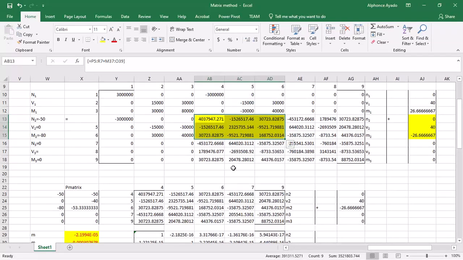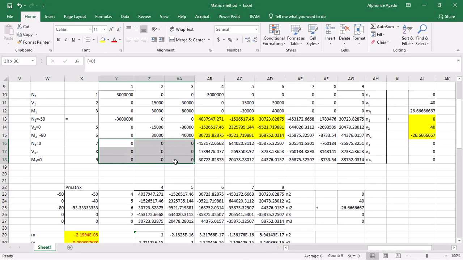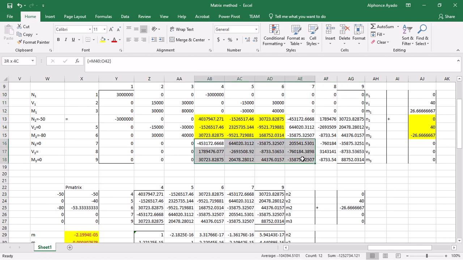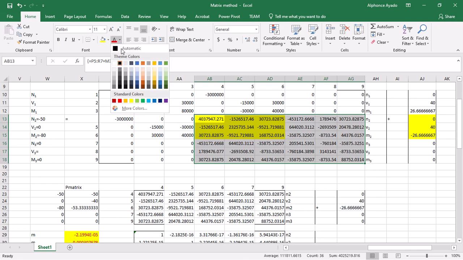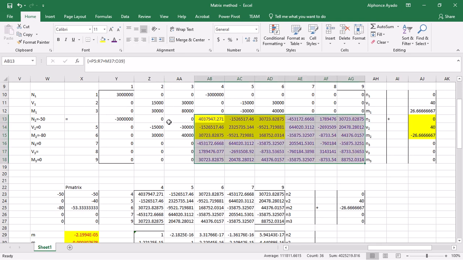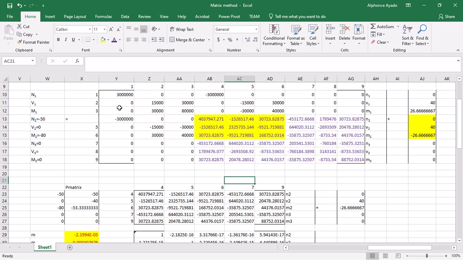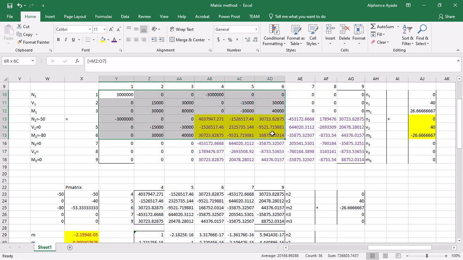And then you literally copy the rest. So this part is missing. It means it is 0, and this part is 0, and of course this part you copy from the second. So just to highlight, this is the member 2 matrix, and this is member 1.